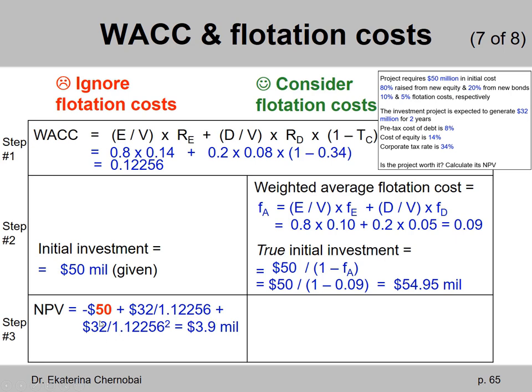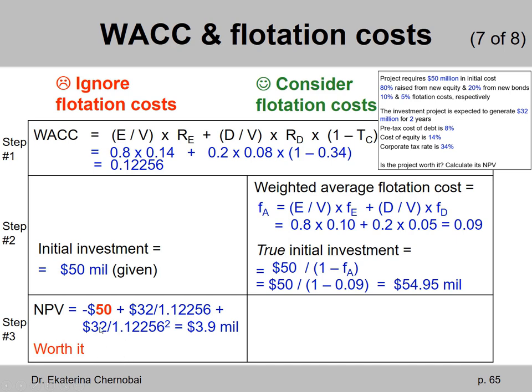And then we add the second year's cash flow, another $32 million, discounted back by 2 years using the WACC as the discount rate, so divided by 1 plus 0.12256 squared. And that would give us $3.9 million. And we would say that because the number is above zero, the project should be accepted. It's worth it.